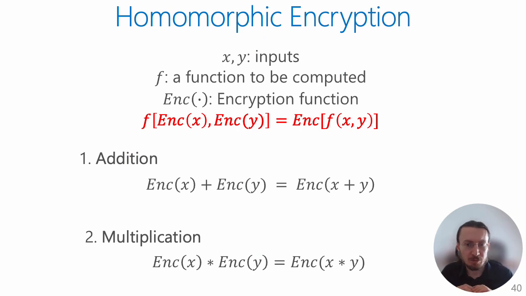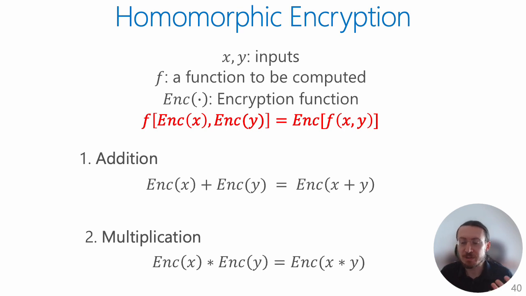Another cryptographic tool that we need in collaborative learning is called homomorphic encryption. The key feature is that it allows us to perform operations on encrypted data. For example, for inputs x and y and the function f to be computed, we define encryption and decryption functions.